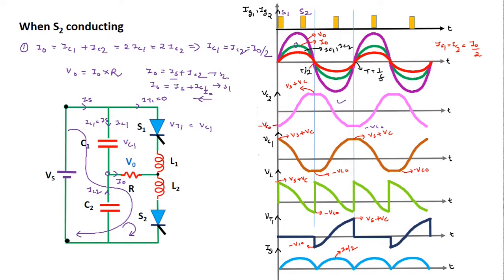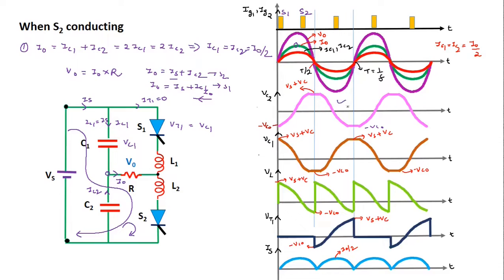So we will get the waveform of the source current during S1 SCR conducting mode, and we always get the waveform in the positive direction only, because the source current direction is not changing in both the cases when the S1 SCR is conducting or the S2 SCR is conducting. So we are taking this waveform in the positive direction only.